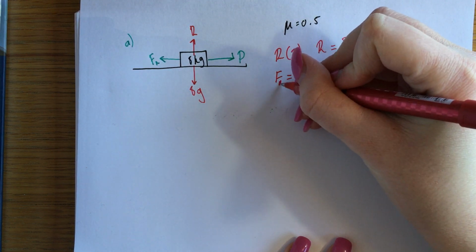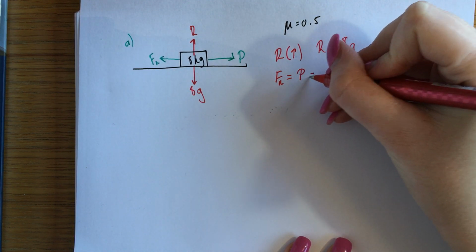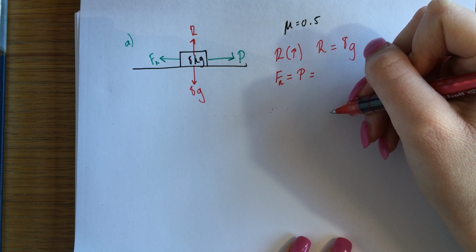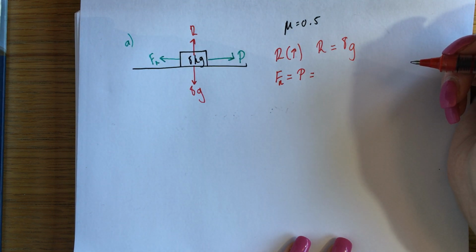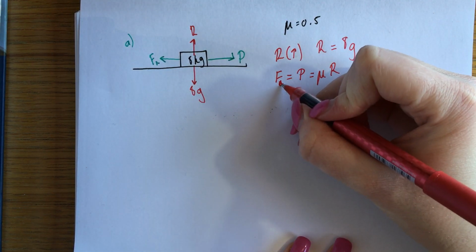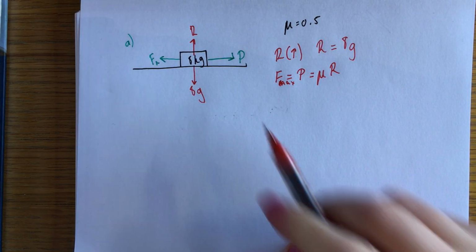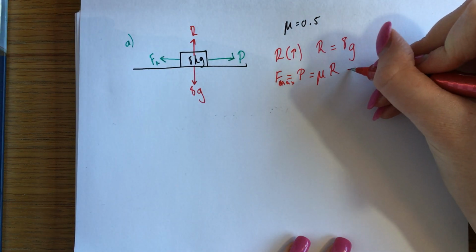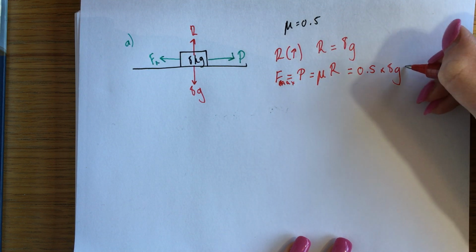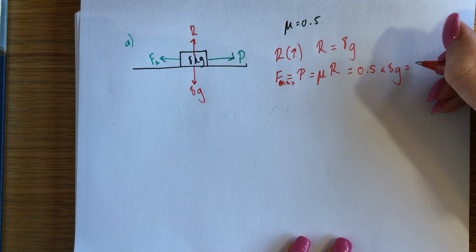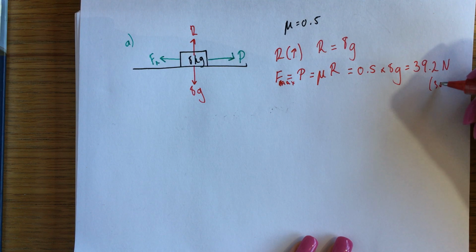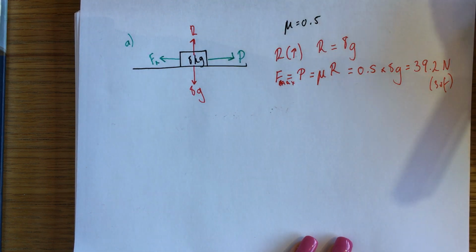So my friction, which is also equal to my force P, because it's the maximum it can be without causing it to move. So we are assuming that friction has reached its max, and because they're not moving, they must be equivalent to each other. So that must be equal to 0.5 multiplied by 8g, which is 39.2 newtons to 3 significant figures.